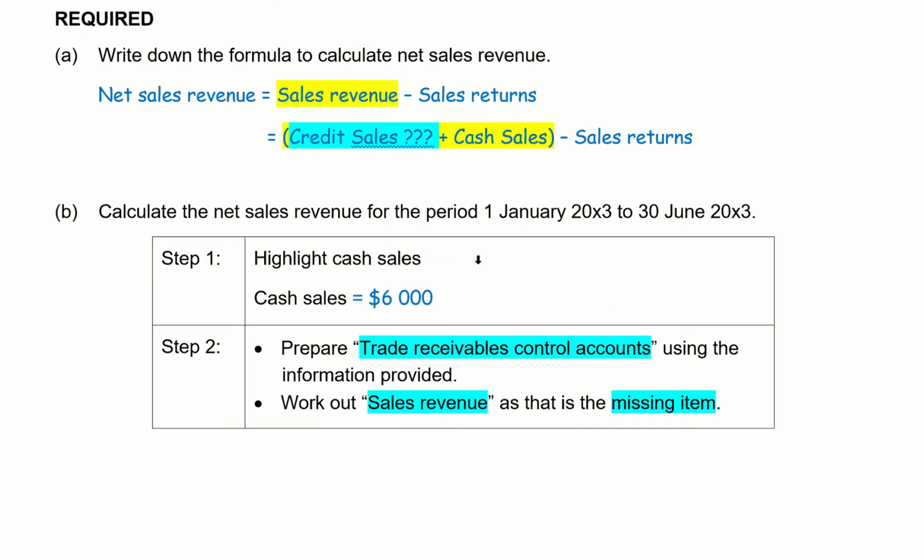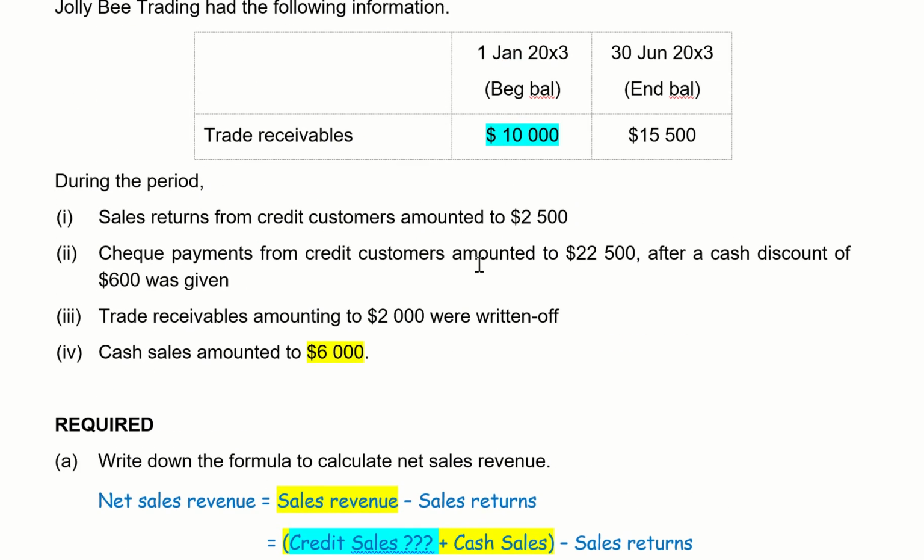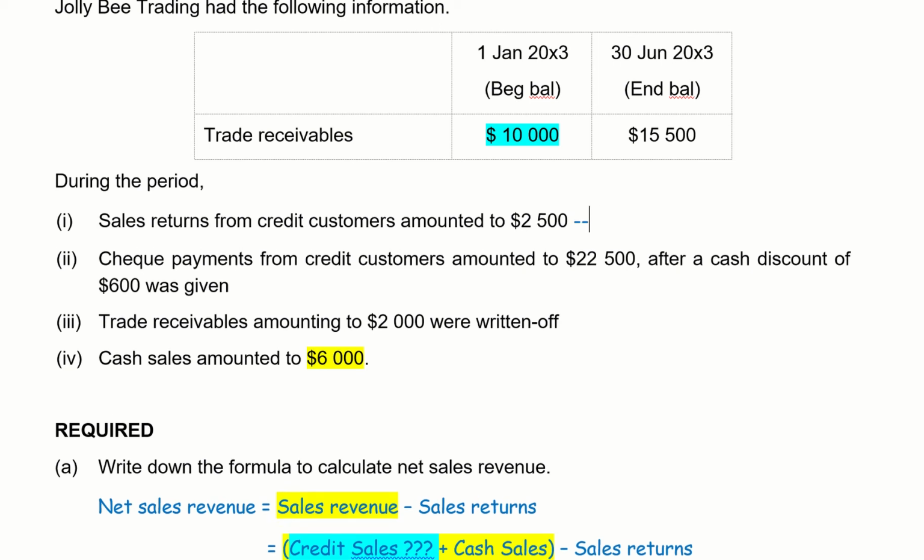Next piece of information, what do you have in your question? The next piece of information is that there is a sales returns from a credit customer. When there's a sales returns from a credit customer, which accounts are affected?